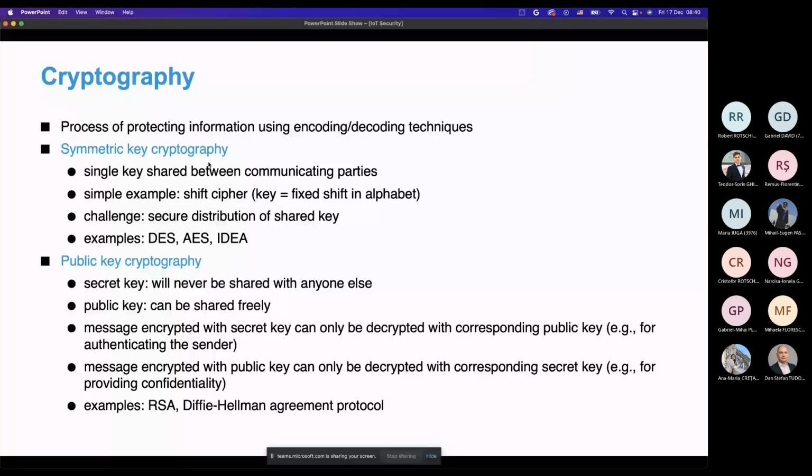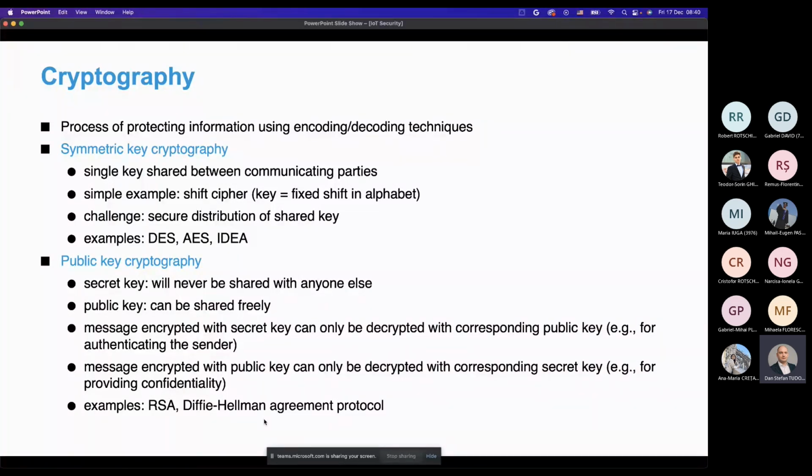Now, you have another method of employing cryptography in networks, and that is public key cryptography. This is a totally different approach in which you have other well-known algorithms such as RSA and Diffie-Hellman, for example.